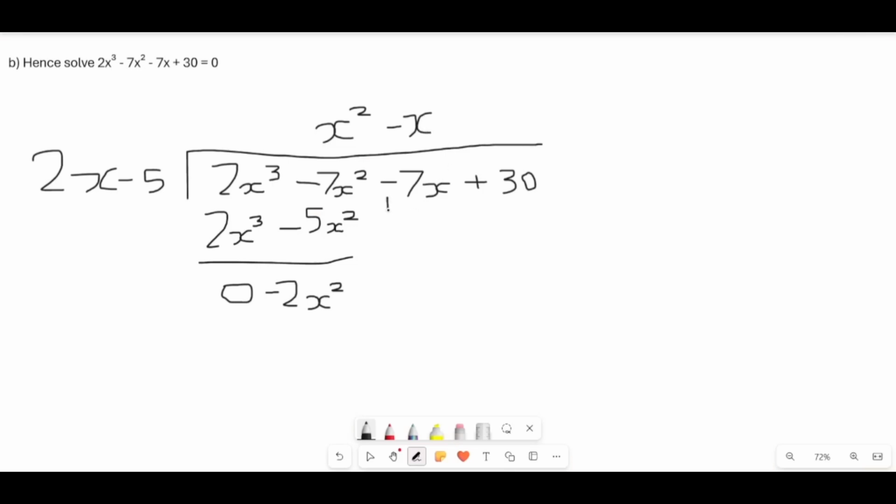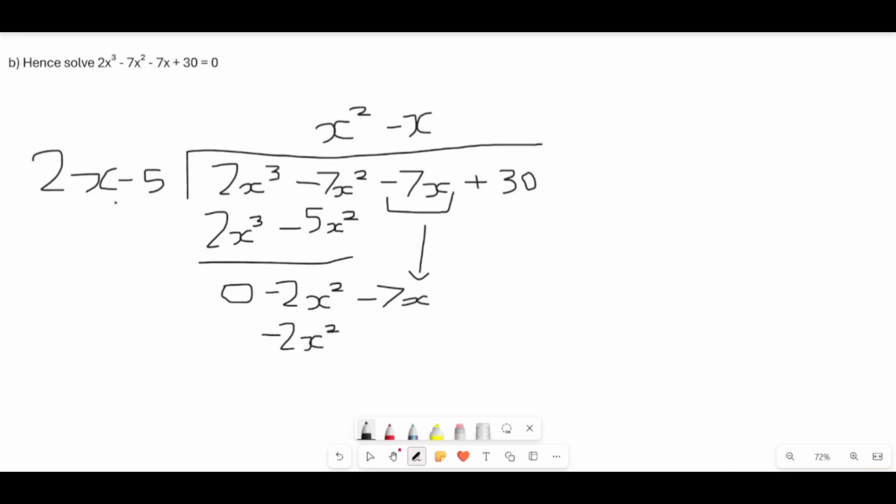Now what we're going to do is drop this down, and we'll see why in a sec. Like we did earlier, we've got this minus x here, so we're going to multiply it by the two terms over here. So minus x times 2x is going to be minus 2x squared. And again, we're seeing that similarity from earlier, where the first term always cancels out with itself.